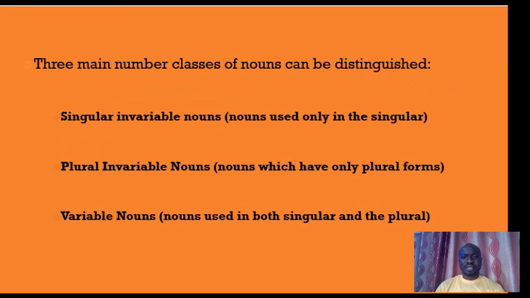So let's look at the three main number classes of nouns that can be distinguished. One, we have singular invariable nouns: nouns used only in singular form. This means we have words which belong to the category of nouns, but they are only used in a singular form. Two, we have plural invariable nouns.